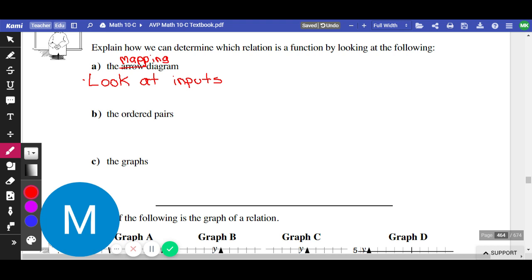None of them can have more than one arrow.